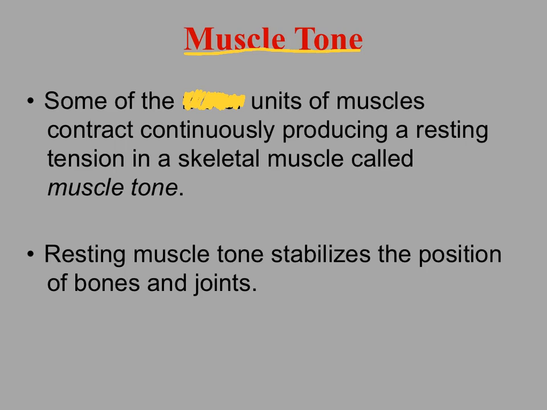The person with more muscle tone is going to have more stable joints and therefore is less likely to get injured in that process, versus somebody who has less muscle tone. Well, they don't have as much stability in their joints and they're more likely to suffer from an injury.